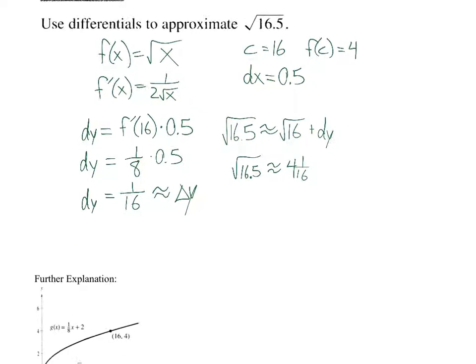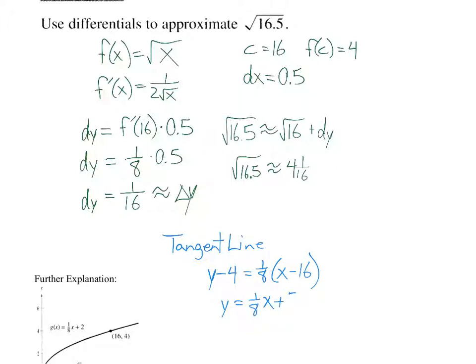Just to illustrate that, if I wanted to get the actual tangent line, I would use that slope I found, the 1/8, and I'd use this point of tangency that I have. So it would be y minus 4 equals 1/8 times x minus 16. And I'd have y equals 1/8 x minus 2 plus the 4, which would be a plus 2.